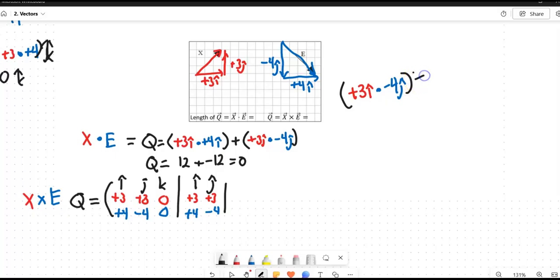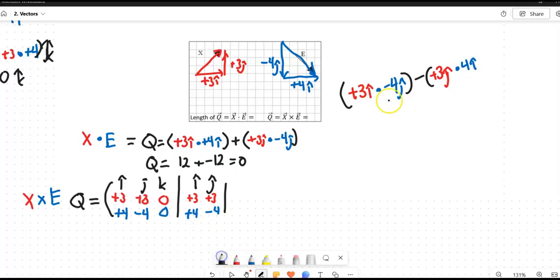Then we're going to have to subtract from it the y direction component of this times the x direction component of this, which is going to be positive. And again, I'm only putting the directions in here to keep it in order. Going to be positive 3j, and then we're going to multiply that by the positive 4i.